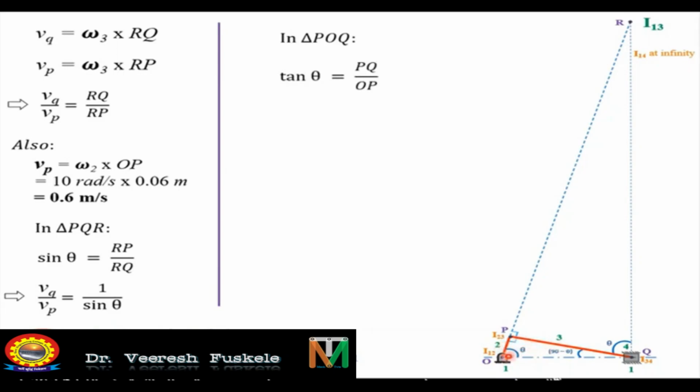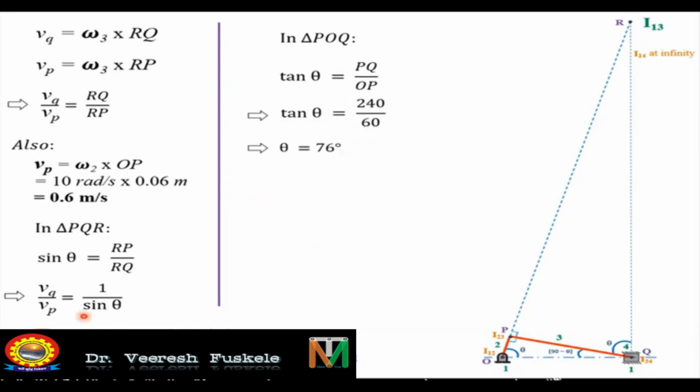So perpendicular for this angle theta will be PQ upon PO. So tan theta will be equal to PQ upon OP. We know the values of PQ and OP. PQ is 240 mm and OP is 60 mm. So this will give us theta as nearly 76 degrees.